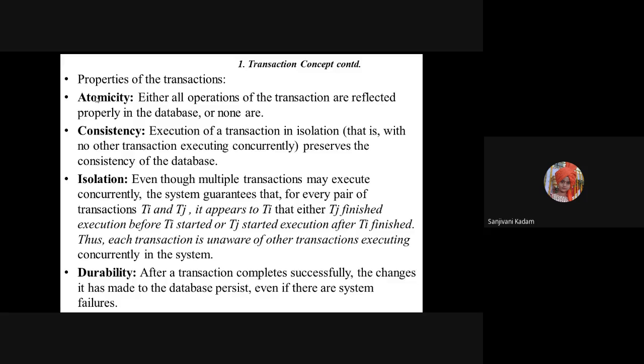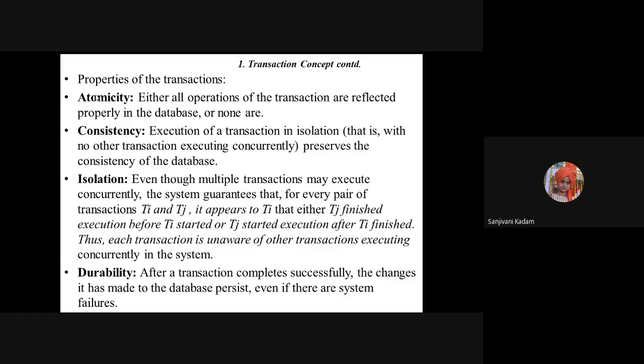For example, consider I initiated a recharge, and during the recharge I entered the OTP. Up to this point my transaction is completed, and the deduction is also done from my bank account.